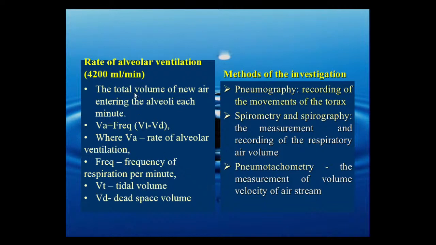And the most effective parameter which can give us information about this stage of breathing is the rate of alveolar ventilation. Concerning heart activity estimation, we use stroke volume and ejection fraction.